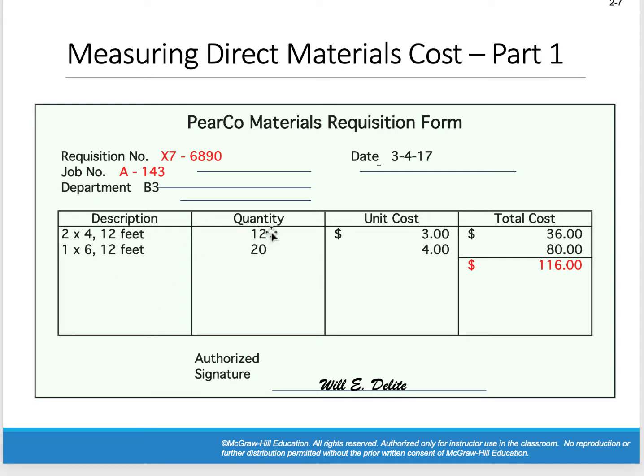Here's the description, here's the quantity, here's the unit cost. So we need 12 2x4s that are 12 feet. We need 20 1x6s that are 12 feet, okay?